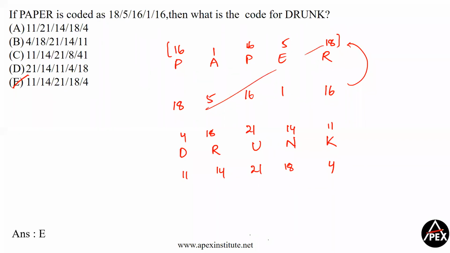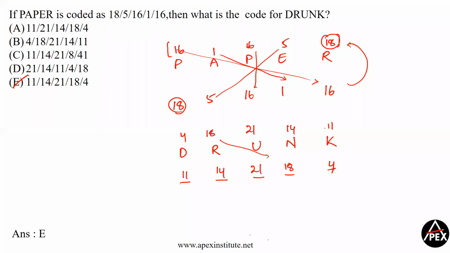See, 18 is here. 5 is here. 16 remains same. 1 is here and 16 is here. The same logic should be followed for drunk as well. So 11 will be here, this 14 will be here, 21 will remain same, 18 here and 4 here. Clear? Did you understand this now?